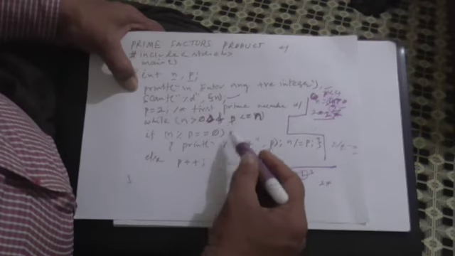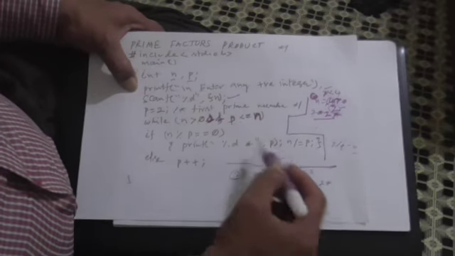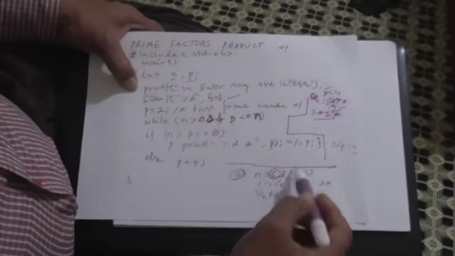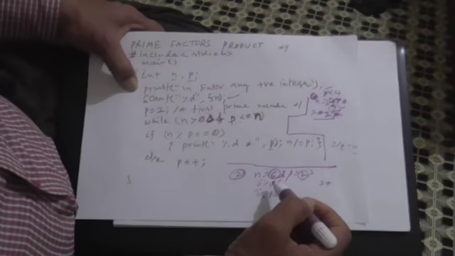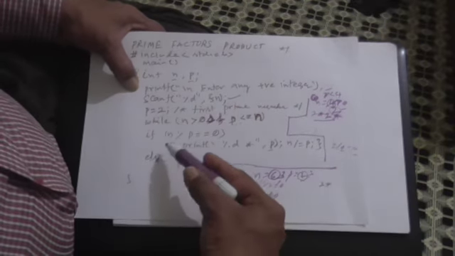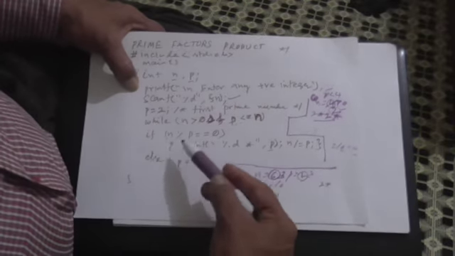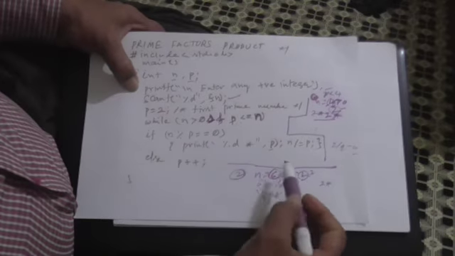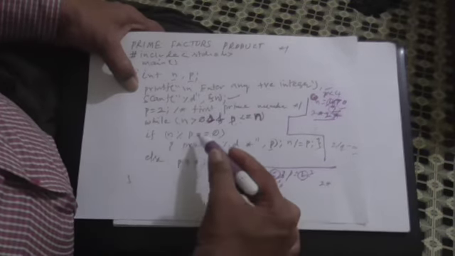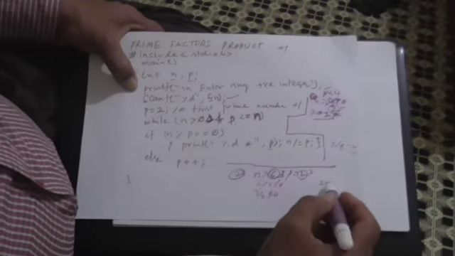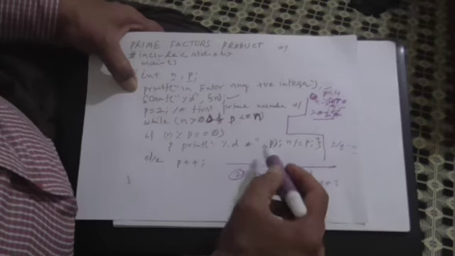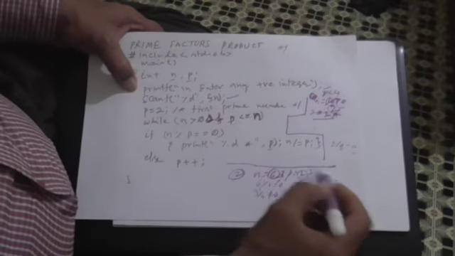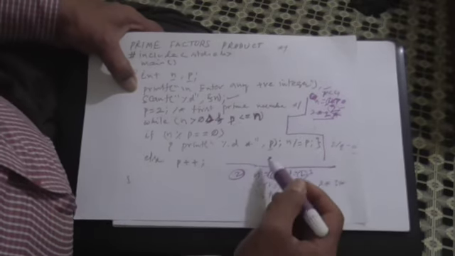Again the while loop is executed. You say 3 is greater than 0 and p, this 3 is less than or equal to 3. It is true. Therefore, again you are in the body of the while loop. So 3 mod 3 is 0. Therefore it prints 2 into 3, and after that the asterisk, the into sign, will be there.